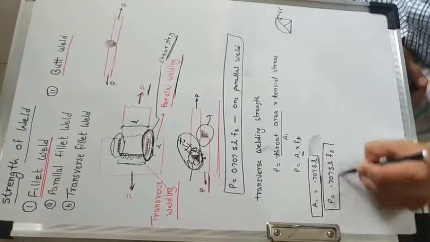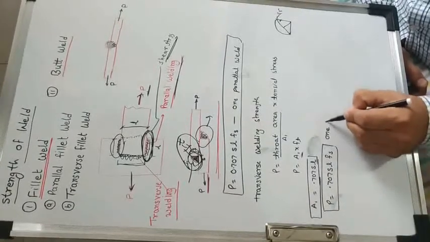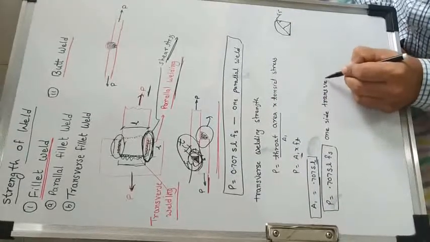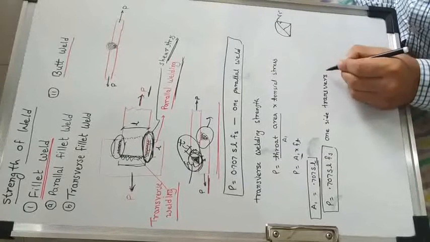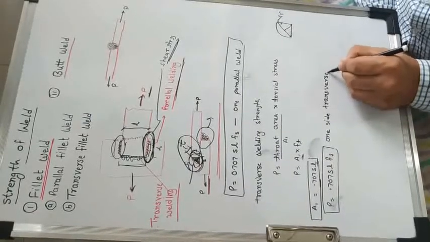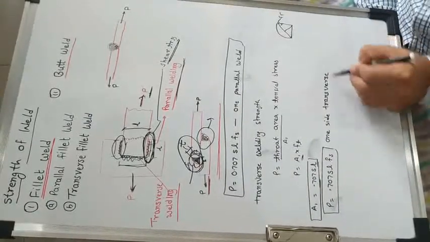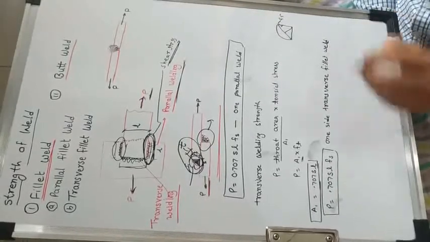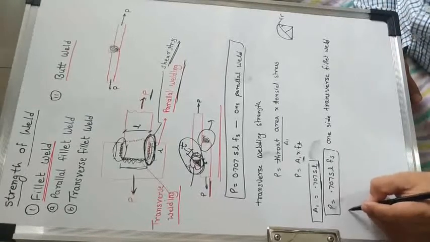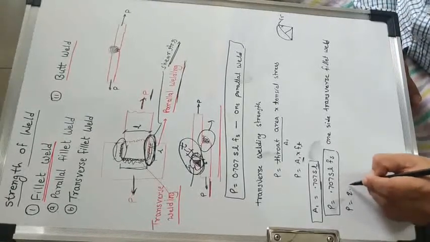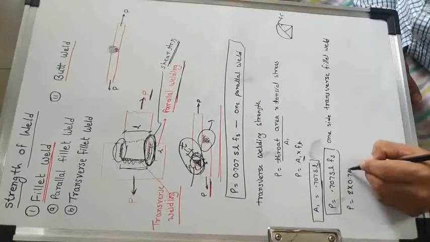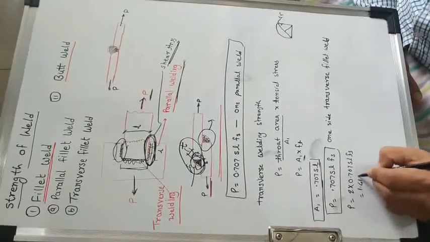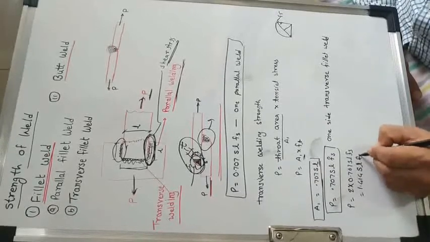So P, it is one side transverse fillet weld. So if it is both sides, then P is equal to 2 into 0.707 SL Ft. You can write it as 1.414 SL Ft.